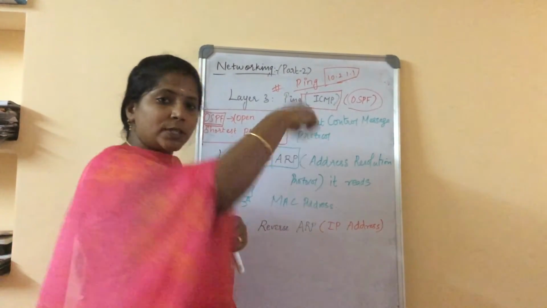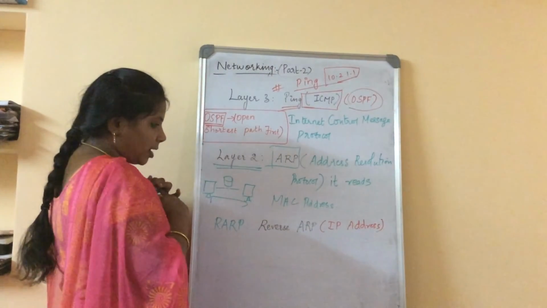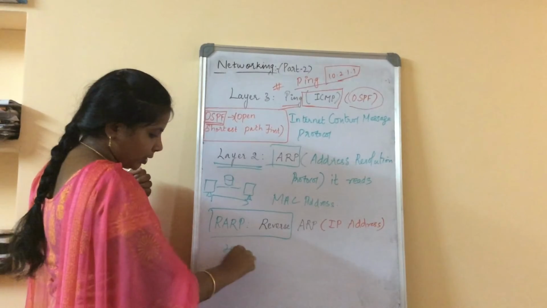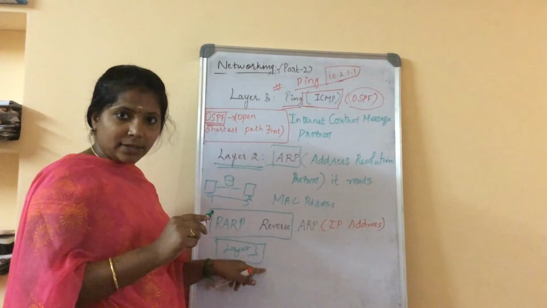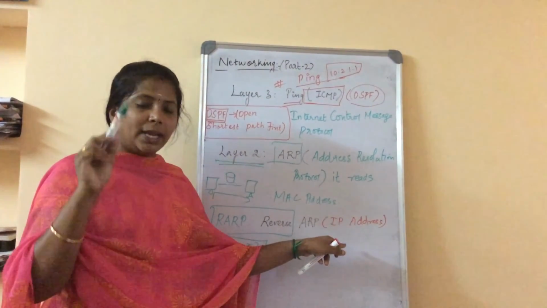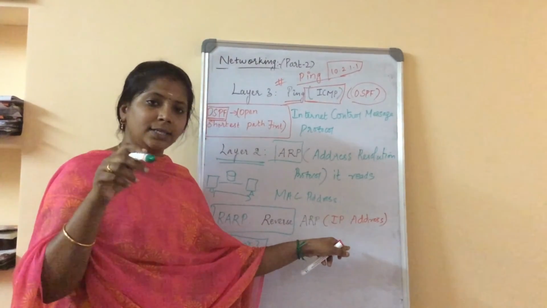From layer 1 to 7, reverse ARP will take place. Reverse ARP will be in layer 2. I am sorry, reverse ARP will be in layer 3. It reads the IP address. I have already told you, in layer 2 it is a MAC address and in layer 3 it is an IP address.